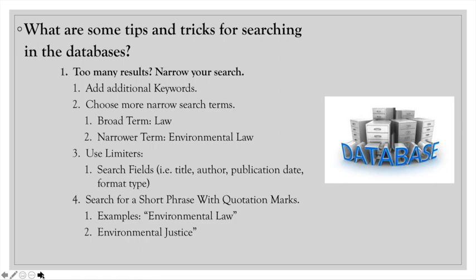You can also search for short phrases within quotation marks. For example, "environmental law" or "environmental justice." And that way, when the database searches, it's going to look for those two words together because it's going to assume you want that focus together.